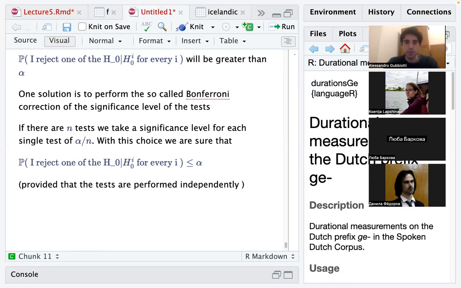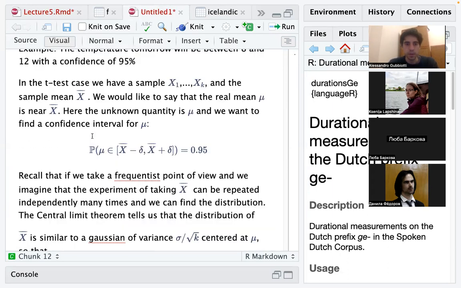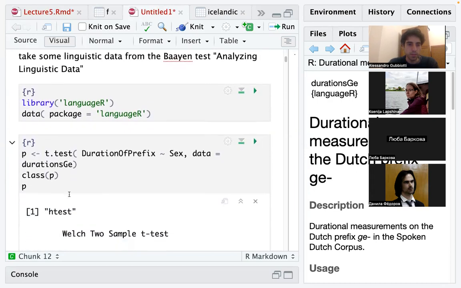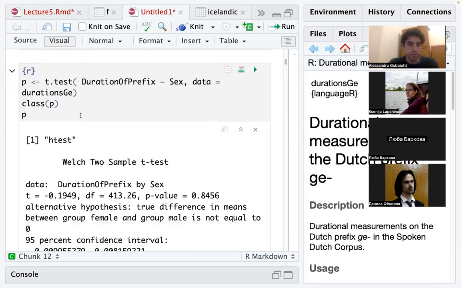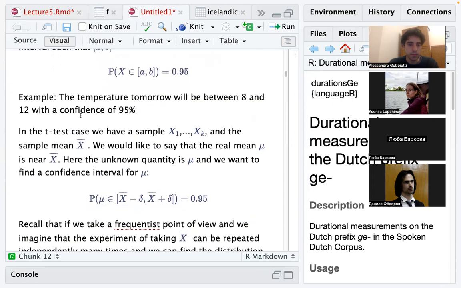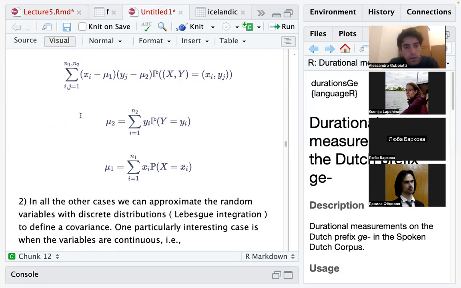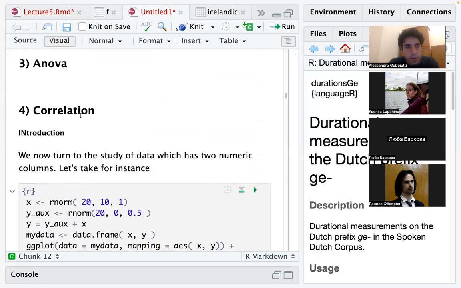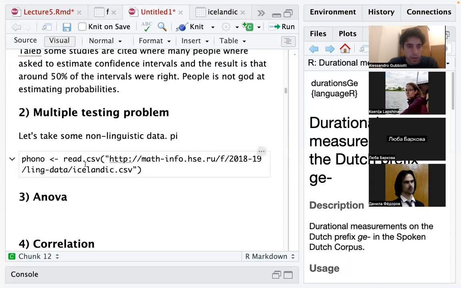But let's do an example of how to do this numerically. So we have this data, which is linguistic data, which I saved here.